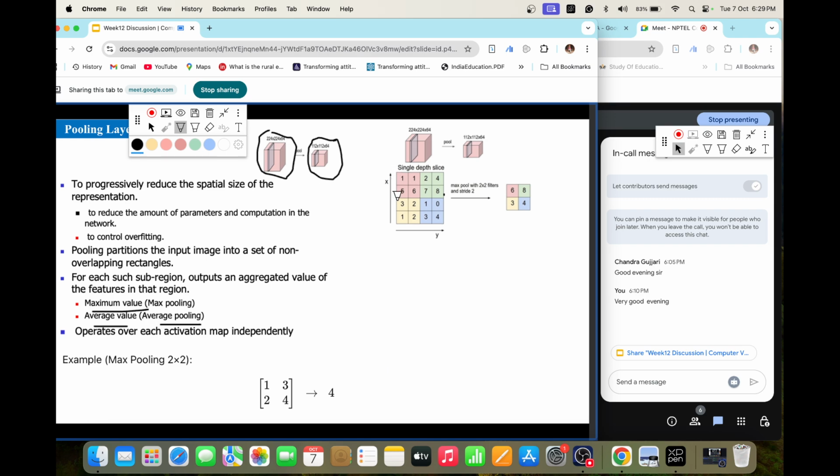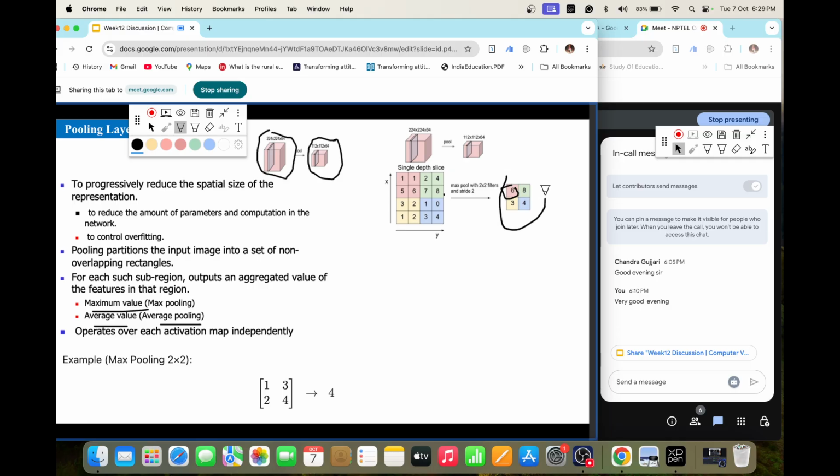And now what will be the maximum pooling in this example? That is nothing but the maximum value that you get from this. So 1, 1, 5, 6. What is the maximum? Maximum is 6. So if I do maximum pooling, it is 6. Similarly, for this green color, maximum pooling will be 8. This yellow color, 3. This blue color, 4.